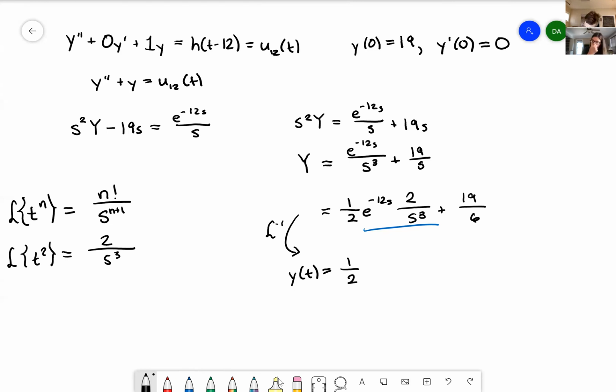So this will be u12 of t times t squared, but shifted forward by 12. So times t minus 12.